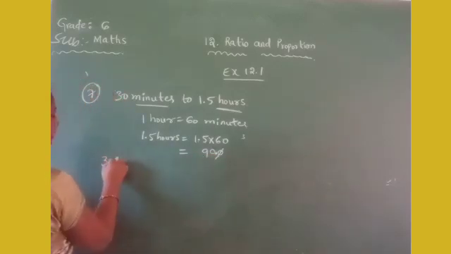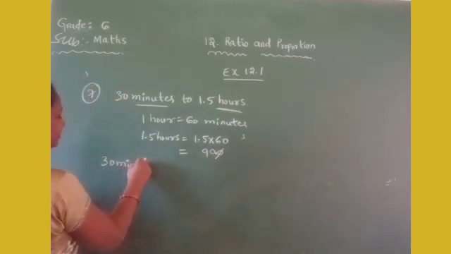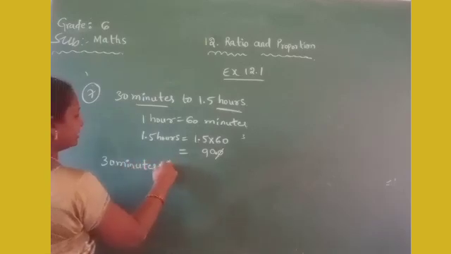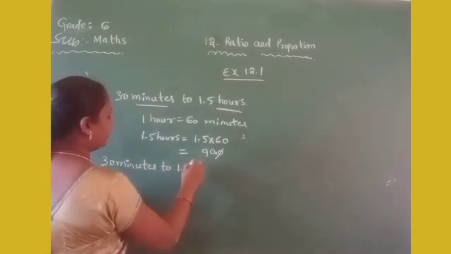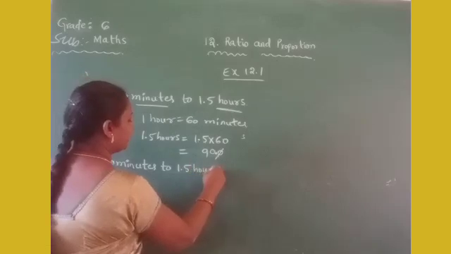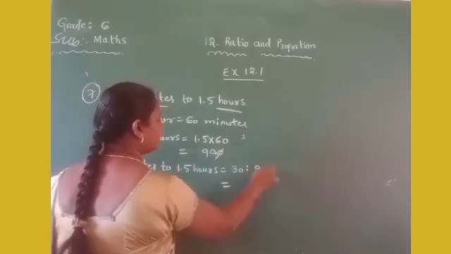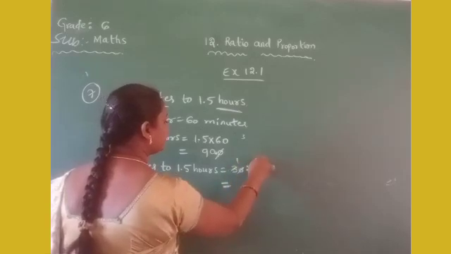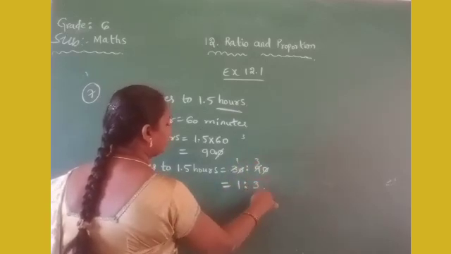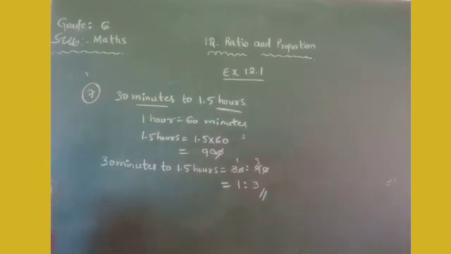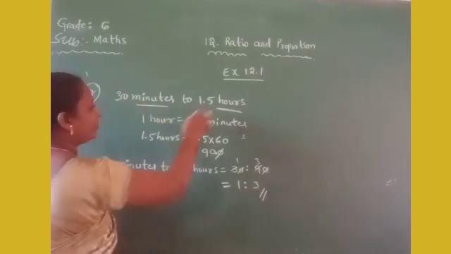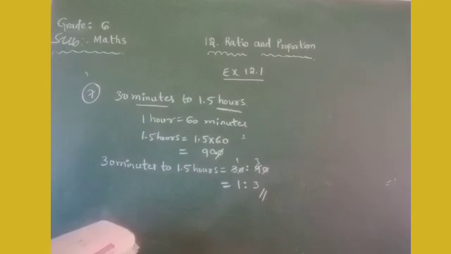Now the ratio of 30 minutes to 1.5 hours is 30:90. Simplify: 3 ones, 3 threes. That is 1:3, the ratio of 30 minutes to 1.5 hours. Okay.